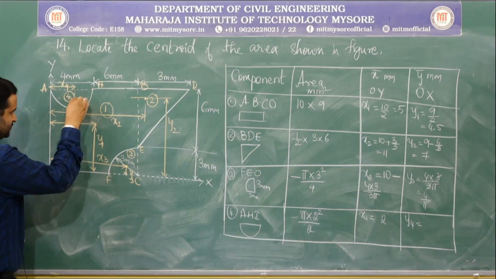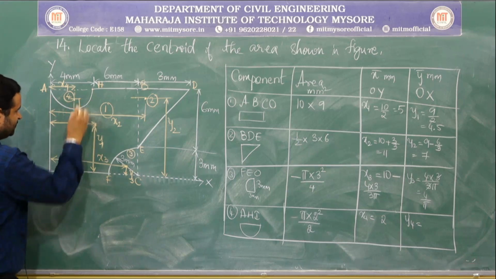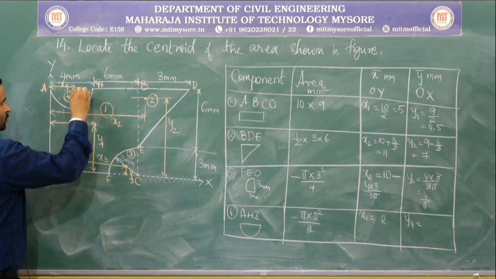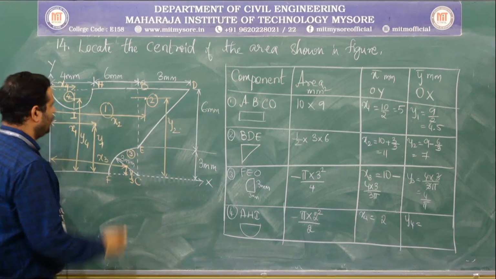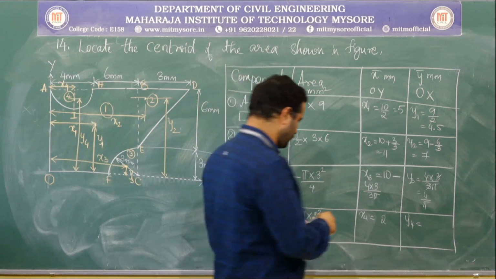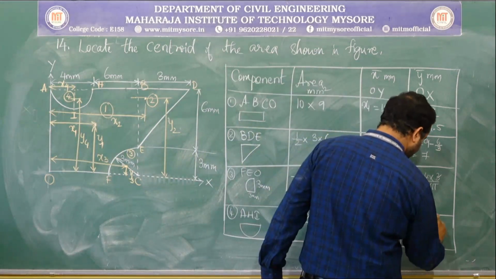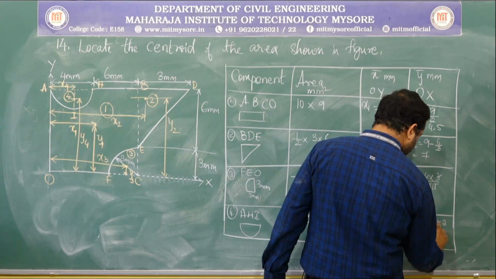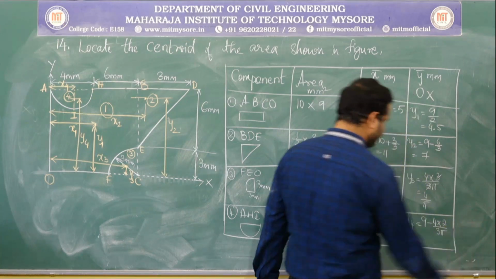So the same distance but measured with respect to OX axis. This is y4. You know the total distance is 9 mm. 9 mm minus 4r by 3 pi will give you the exact y4. So 9 minus 4 into r, which is 2, by 3 pi.